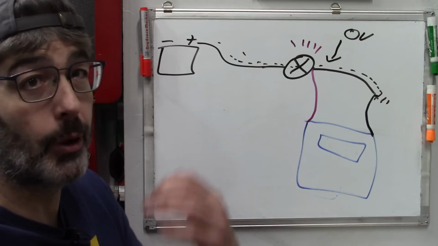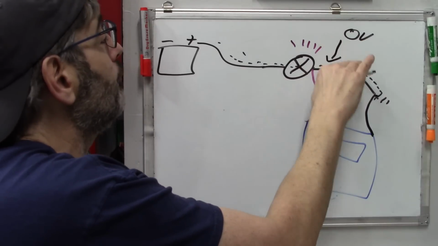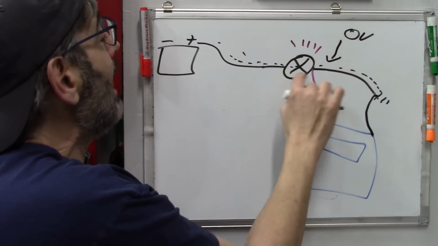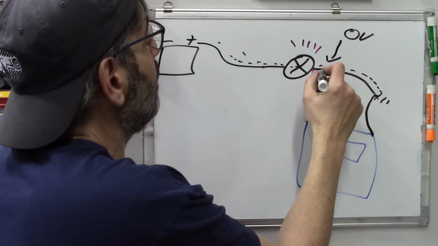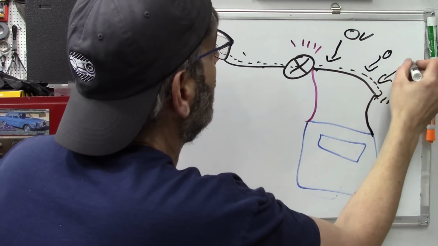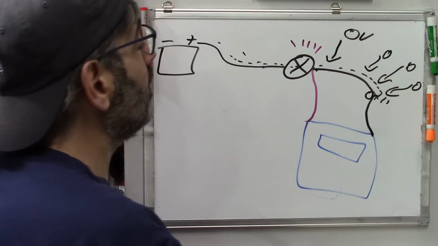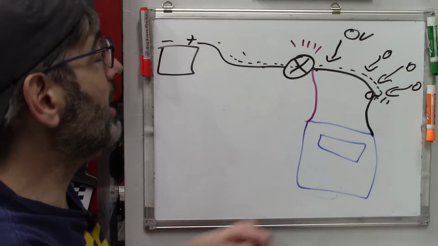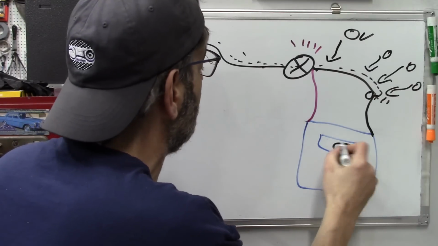We'll have current after the resistance and before, but we will have full voltage drop after our load, after our resistance here. So that means if we read 0 here, it should be 0 anywhere along here. That means we also have 0 here. The meter reads the difference between what you see on the positive and negative lead. 0 minus 0 is 0.